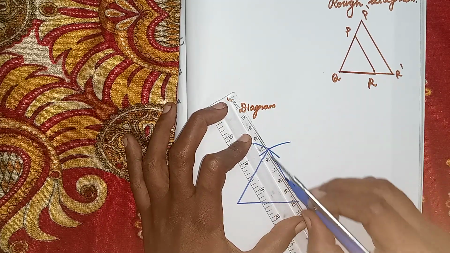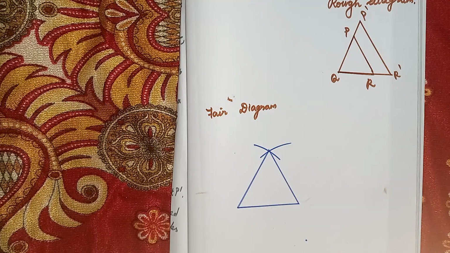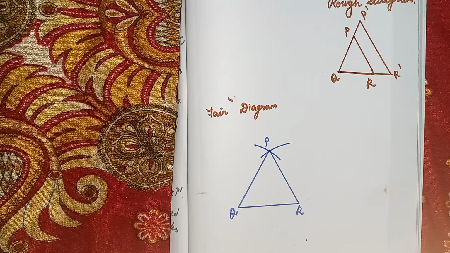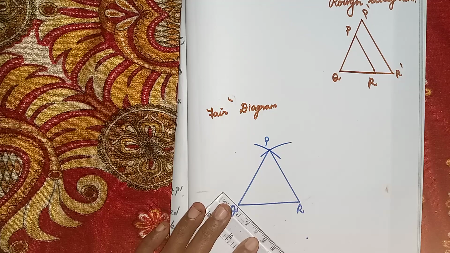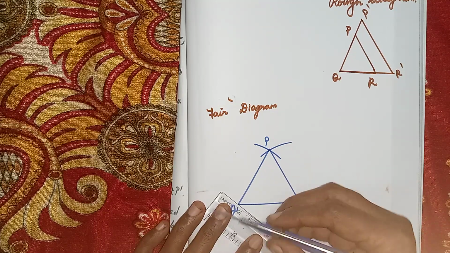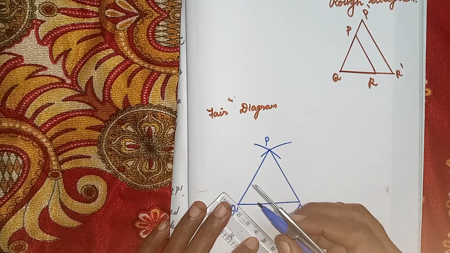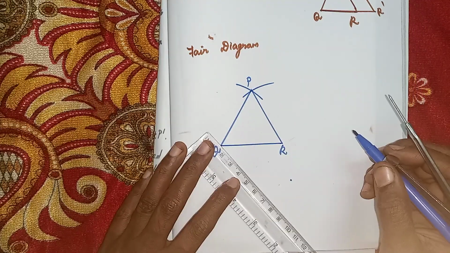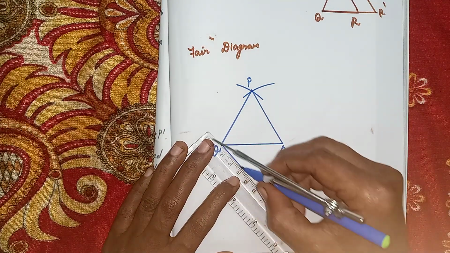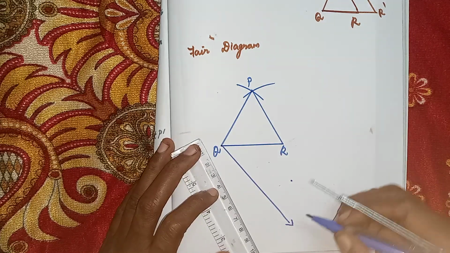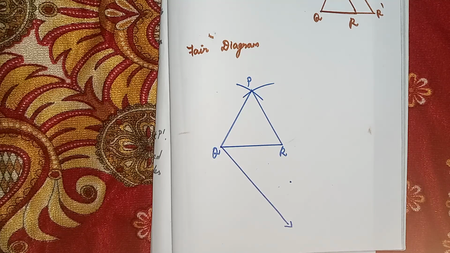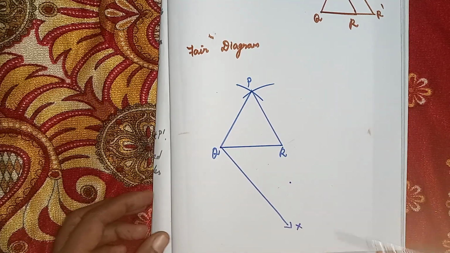The triangle name is PQR. Now same like the previous problem, draw a ray QX making an acute angle on QR.